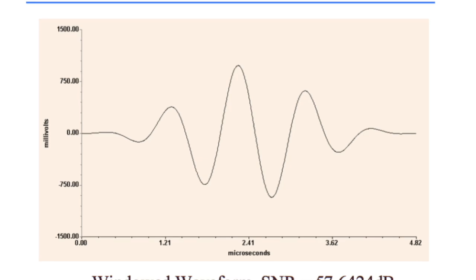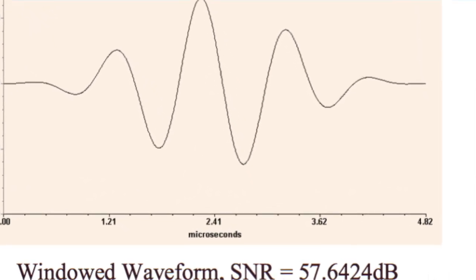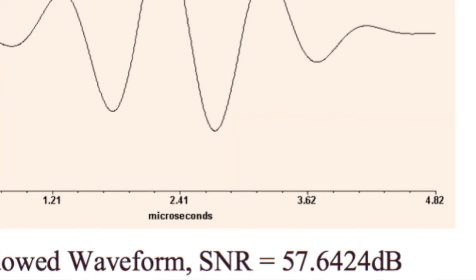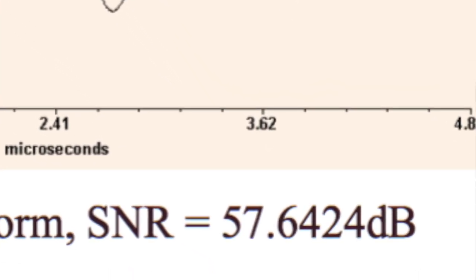So when I window the wave, the SNR goes from a miserable, terrible number to 57 dB. That's pretty good. Before it was like 9 dB. So it really helps, but it's not really legitimate, I'm sorry.